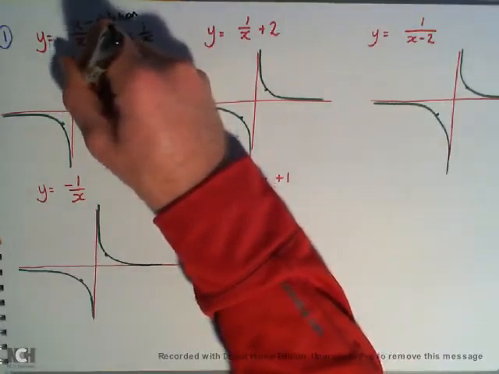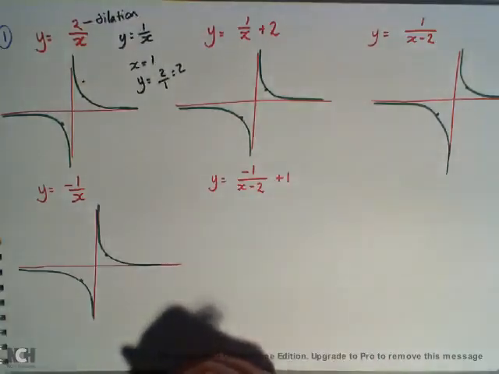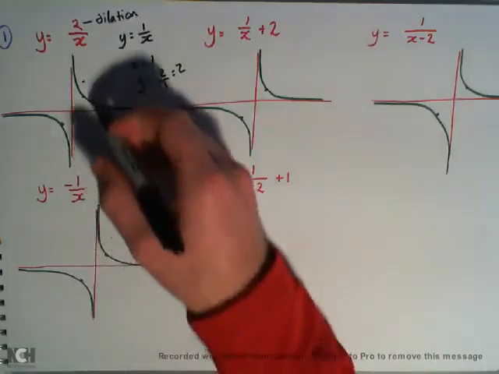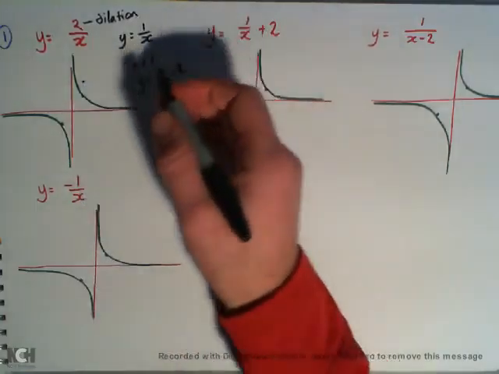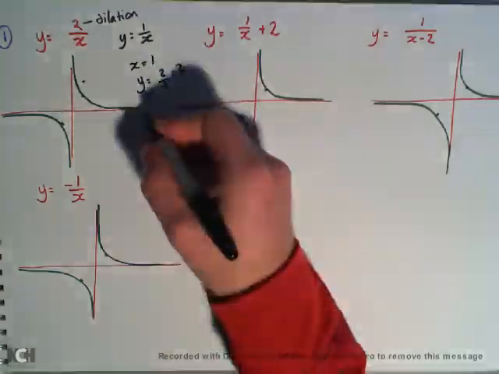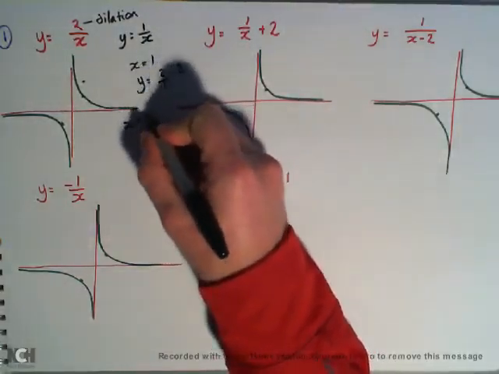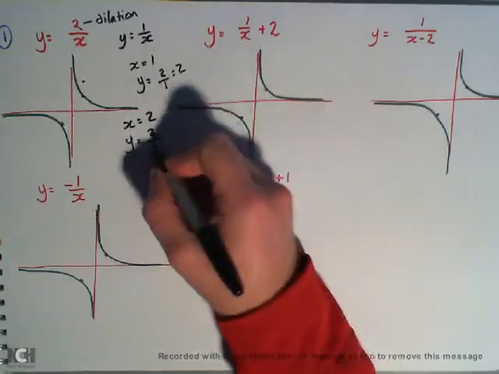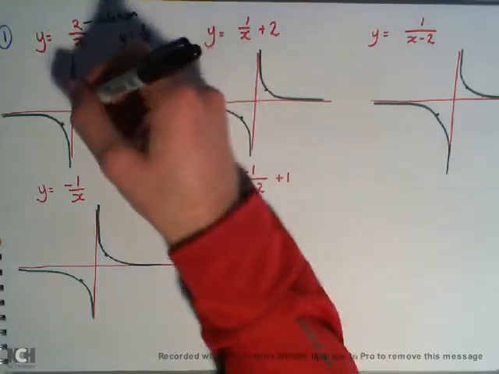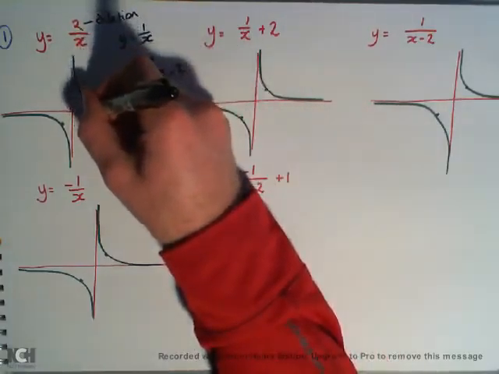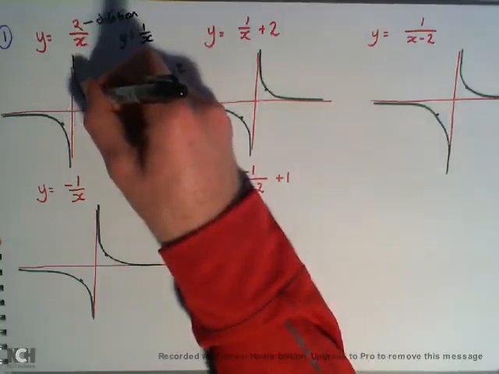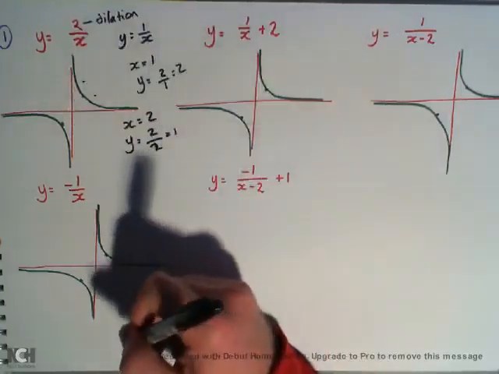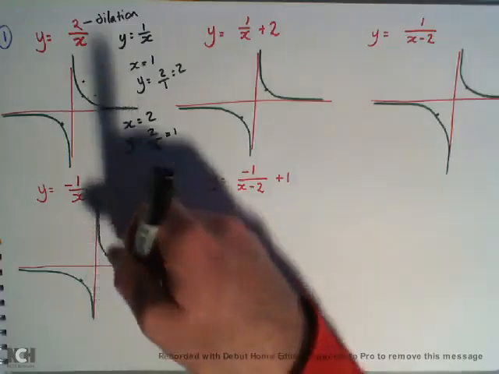So that point there goes up. Now, what happens when we go, okay, at x equals 2, just giving some points. Okay, we get 2 on 2, which is 1. So this point, when we go across to 2, gets pushed up as well.